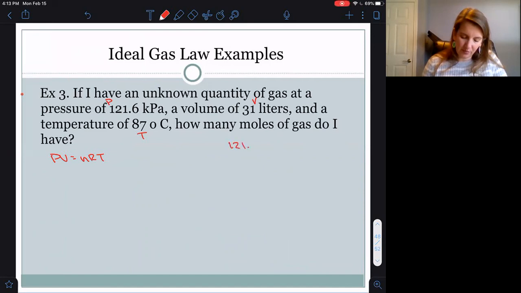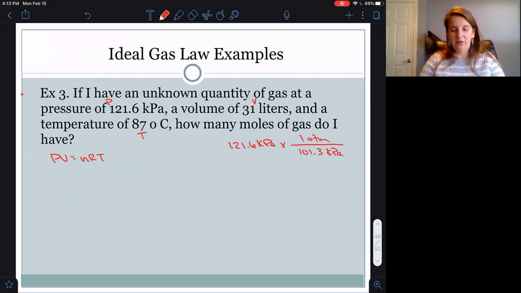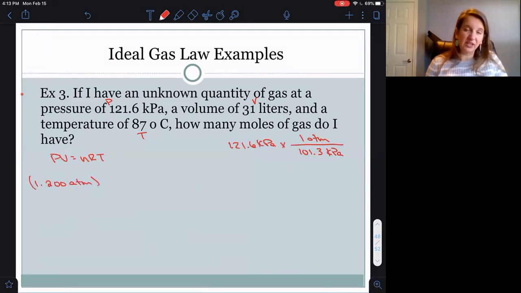So I have 121.6 kilopascals. I need to do a pressure conversion. So that means I have to have kilopascals down here and atmospheres on the top in order to convert. So 121.6 divided by 101.3 gives me 1.2 atmospheres.